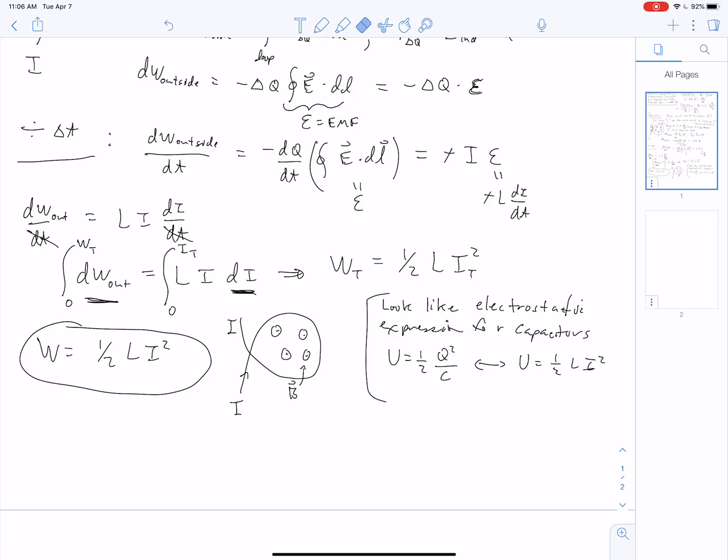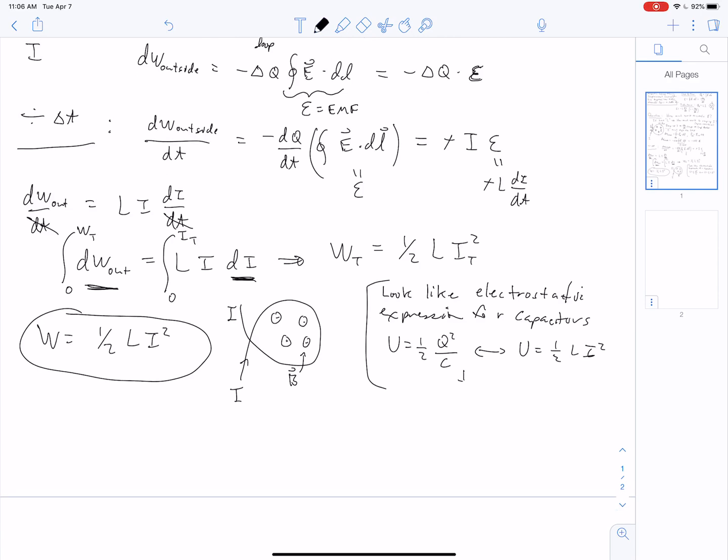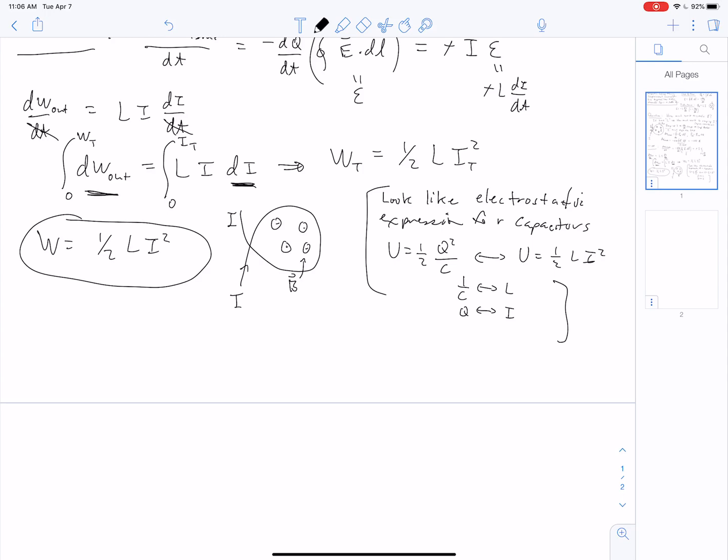We can see that 1 over C has the same role as L, and Q plays the same role as current. I just want you to see that analogy. This is the energy of an inductor, to ramp up the current in an inductor, and it should remind you of the energy it takes to charge up a capacitor. It's the same kind of idea.